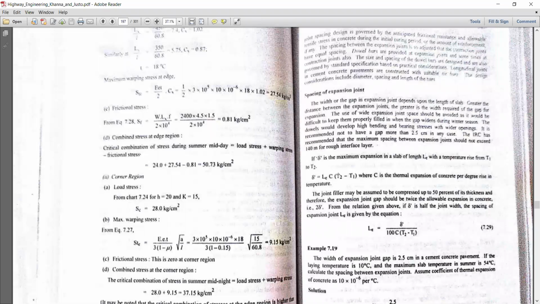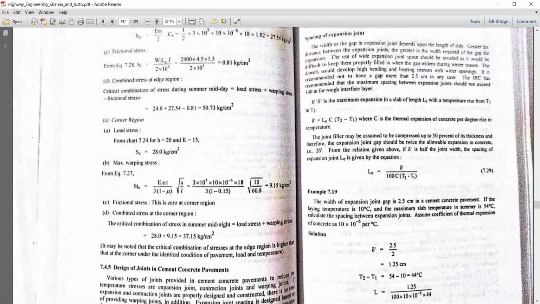Simple formula. Just remember this formula to calculate the spacing of expansion joint, where delta dash is delta by 2, that is the width of expansion joint divided by 2, and delta is the width of expansion.